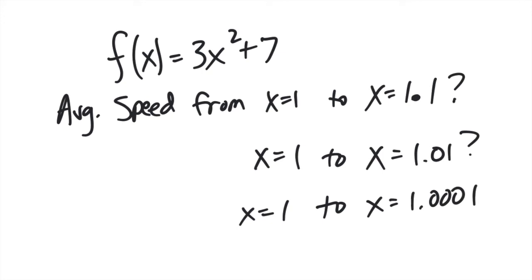We're taking this second point and letting it get closer and closer to the point x equals 1, so that the two points we're looking at almost merge into becoming the same point. They're so close together that you can barely tell the difference. Okay, let me pull up one more board here.